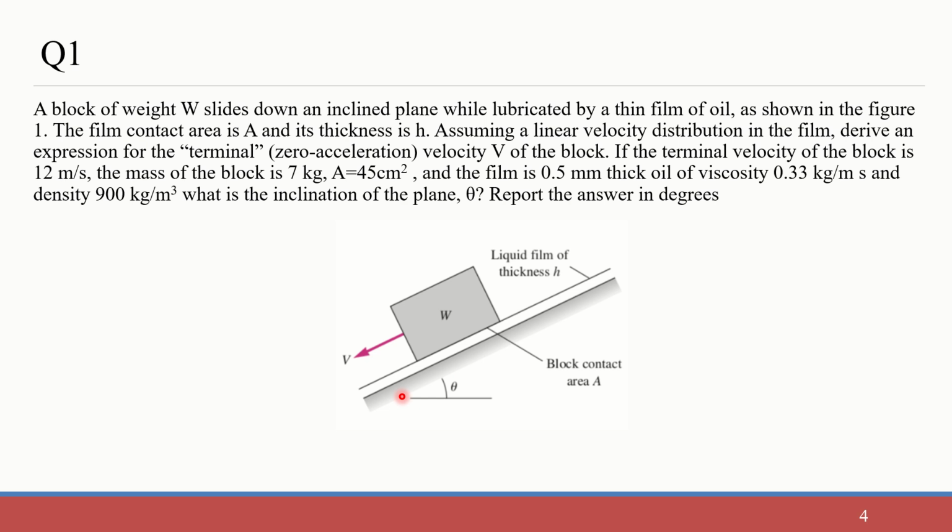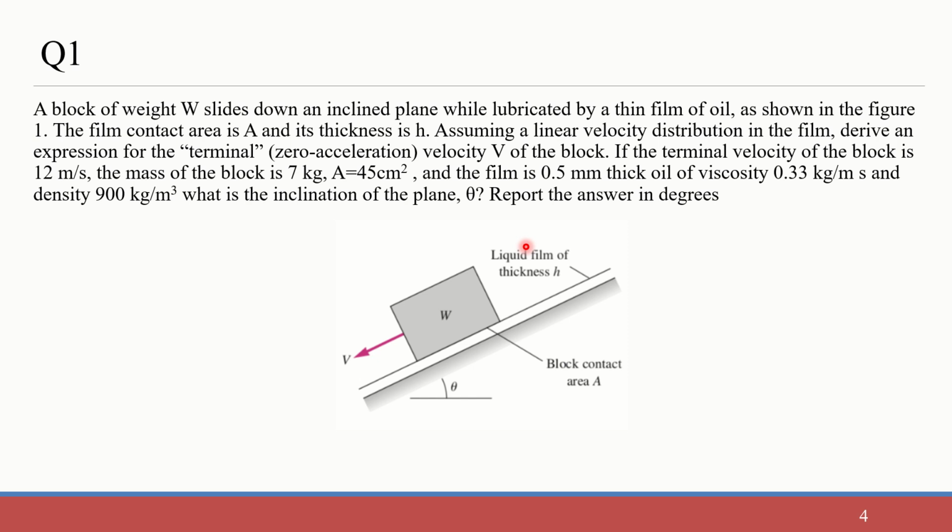The block has a weight W, and it has a contact area with the plane, which is A. The inclined plane is lubricated by a thin film of oil, and its thickness is h. h is given as 0.5 mm in the question, the viscosity of the oil is given as 0.33 kg per meter second, and density is given as 900 kg per meter cube.